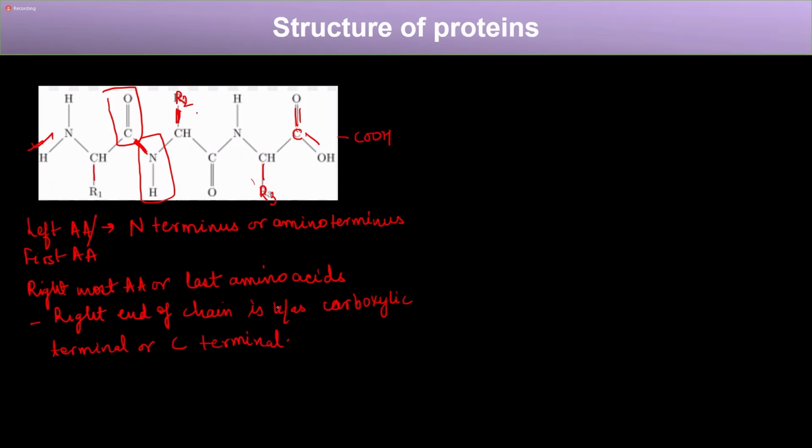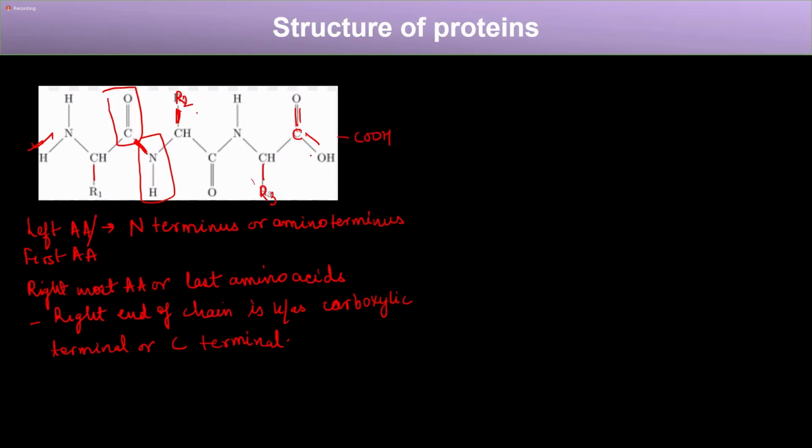We understood, right? Whatever the length of the protein, its leftmost end will always have the amino terminal because the amino group is free, and the rightmost terminal will have the carboxylic group free, so it is known as the carboxylic terminal or C-terminal.